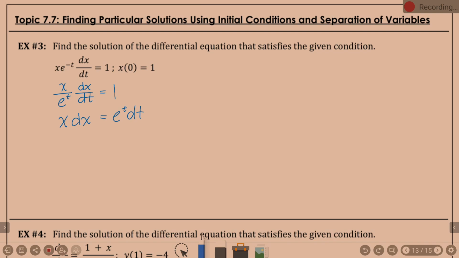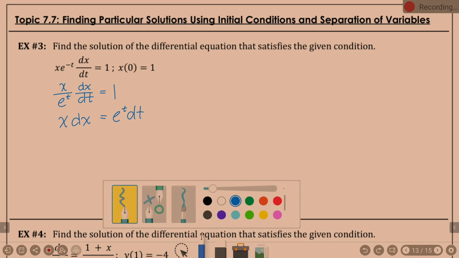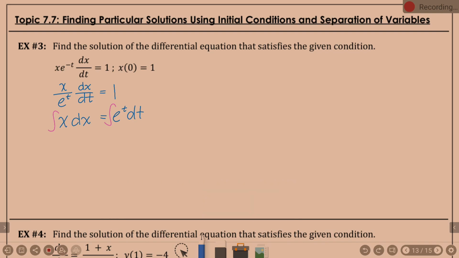And that makes it not bad, doesn't it? We're going to integrate. Integral of x is one half x squared. Integral of e to the t is e to the t plus c.